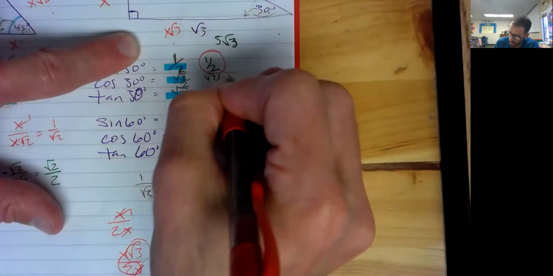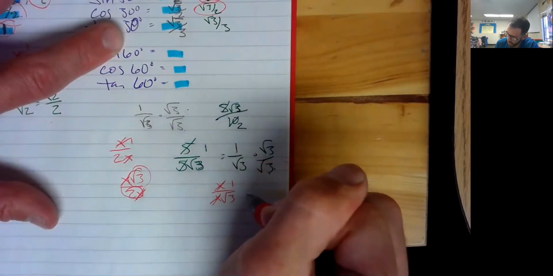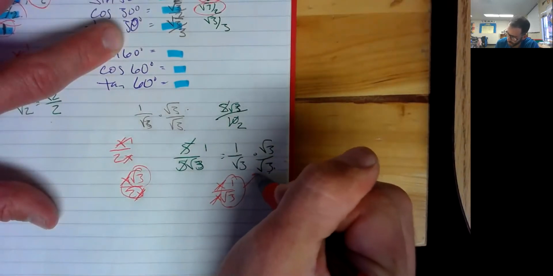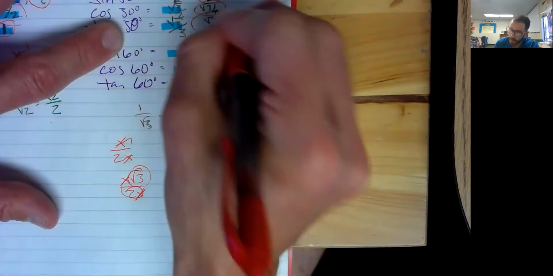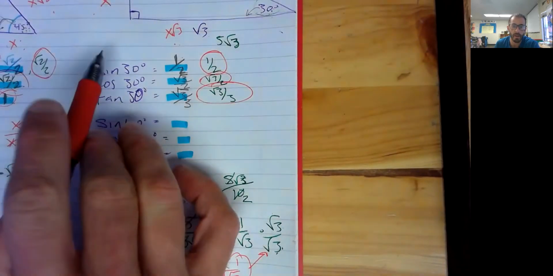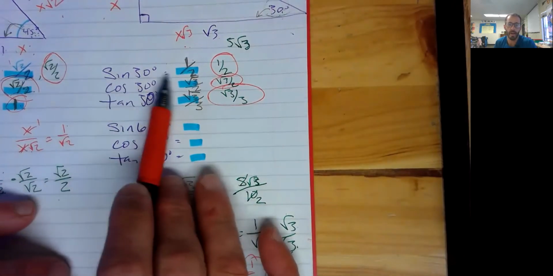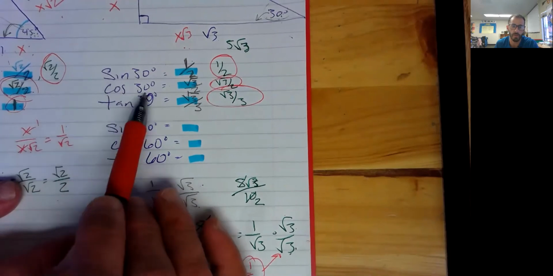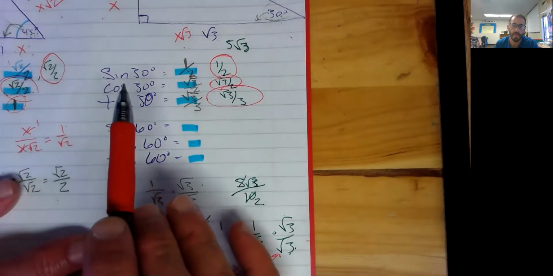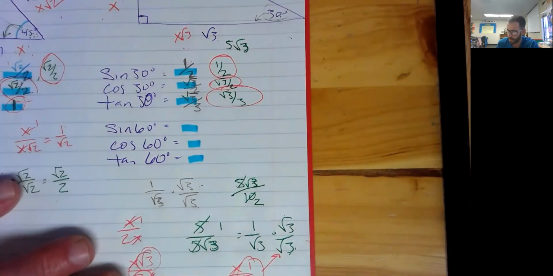Look familiar? And then finally, tangent. x over x rad 3. Just like those 5s, the x's cancel out, and we're left with 1 over rad 3, which we multiply by rad 3 over rad 3 to get rad 3 over 3. So it turns out that it doesn't matter for a 30, 60, 90. The sine of 30 is always going to be 1/2. The cosine of 30 is always going to be rad 3 over 2. And the tan of 30 is always going to be rad 3 over 3.